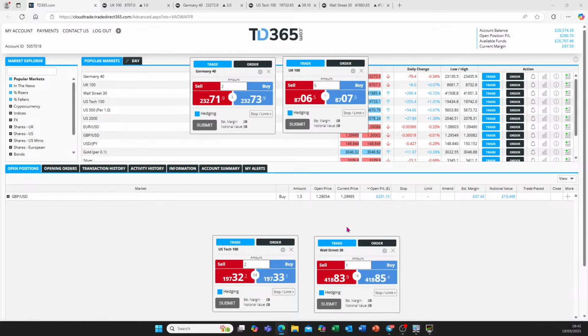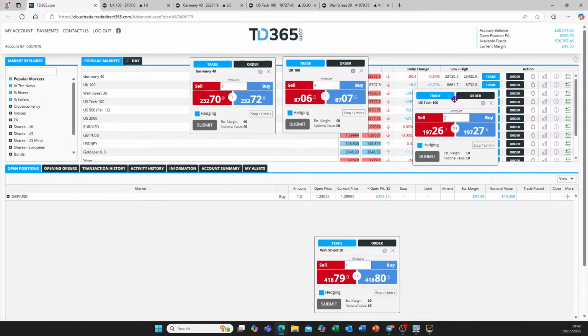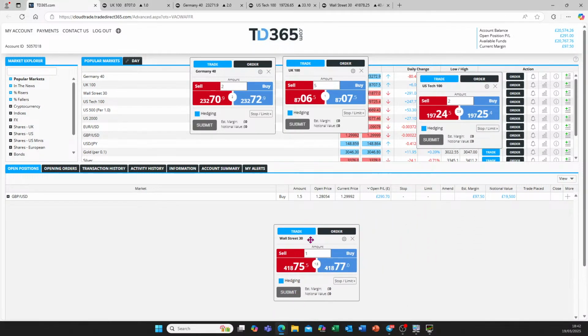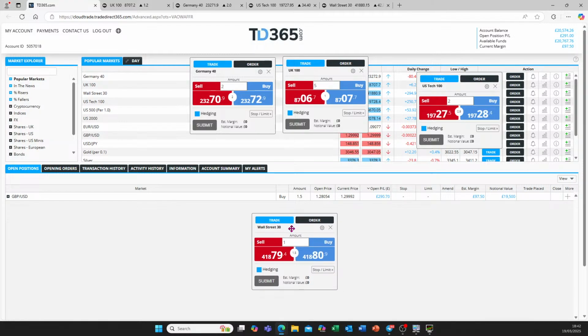So keep an eye on 741 in the Nasdaq. And keep an eye on 903 in the Dow.